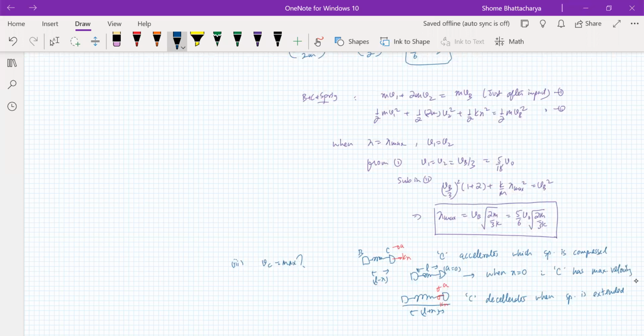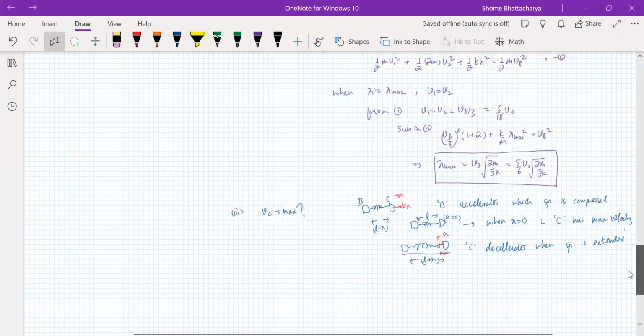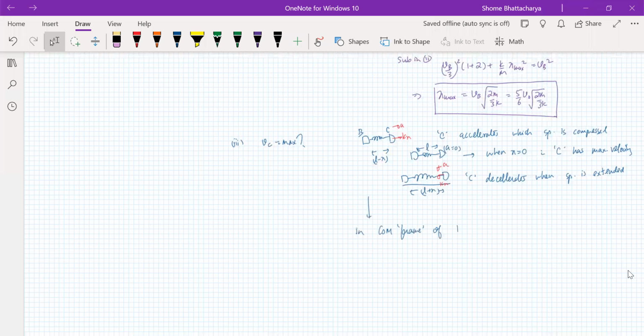And then this whole cycle will repeat, because it's an oscillation. So if you get into the center of mass frame of B and C, you will see that VCM is constant.